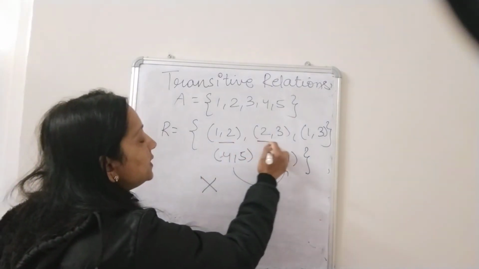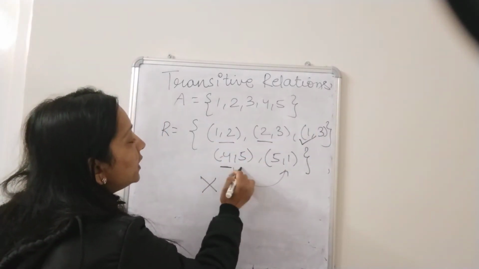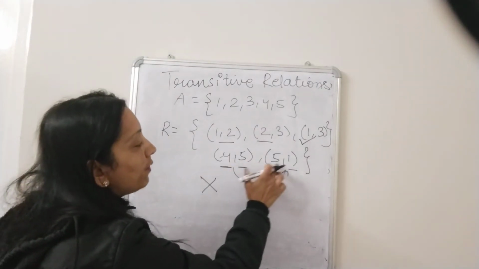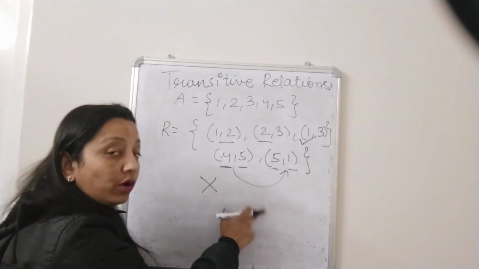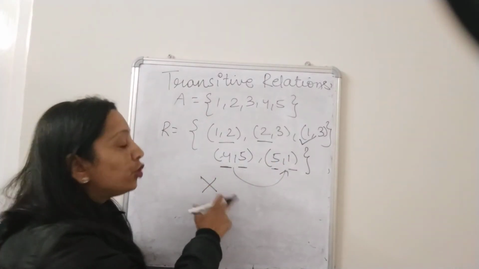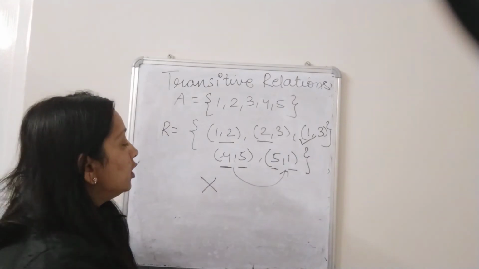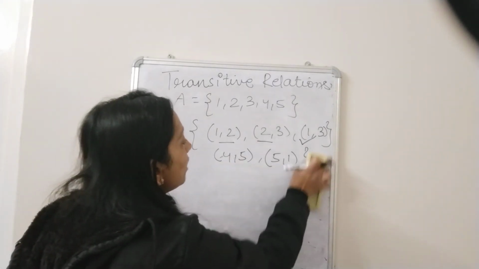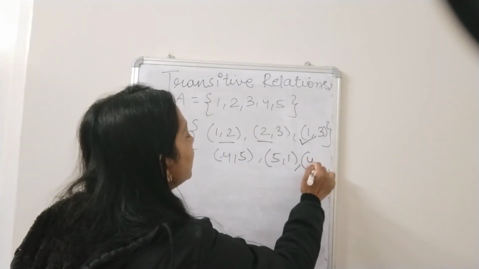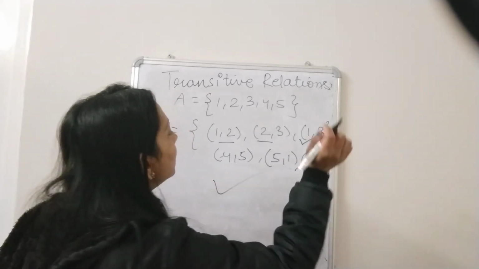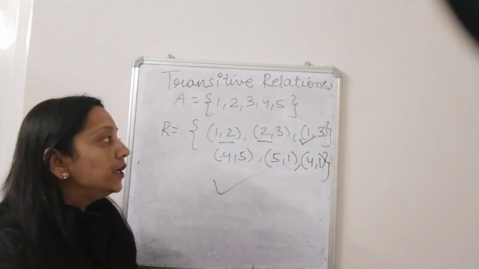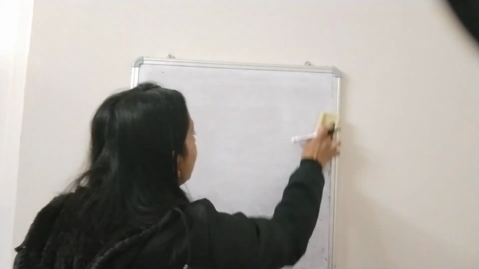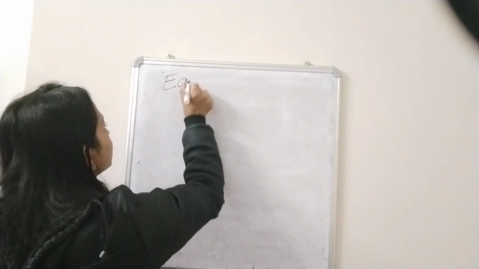Here for AB and BC this condition is being satisfied, but for this AB and this BC this condition is not being satisfied, because if 4, 5 and 5, 1 are here, then I cannot see a 4, 1 here, which should be there as per the transitive property. So this then I will say is not a transitive relation. But if a 4, 1 is here, then I can say that this is clearly a transitive relation.